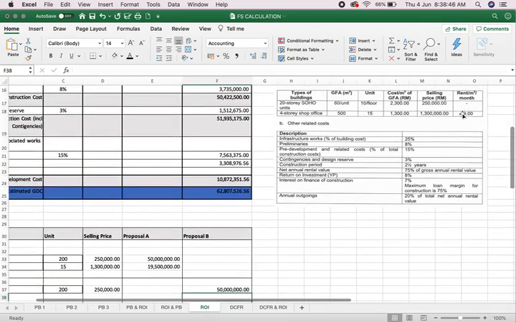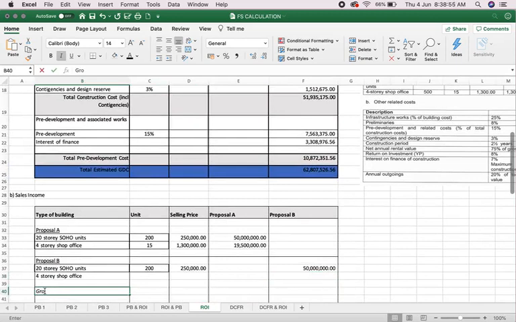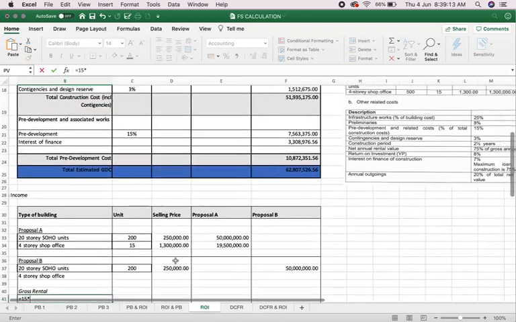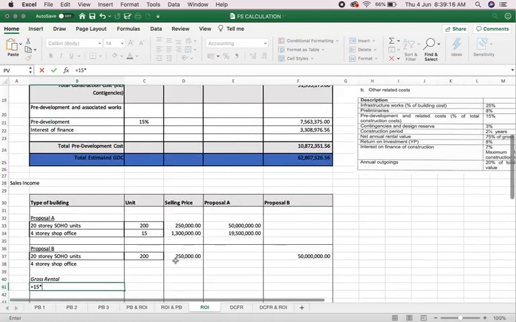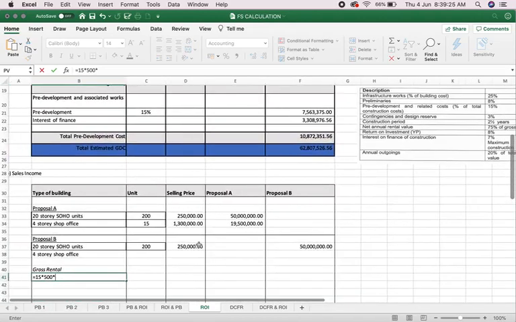First, the rental value, rent per meter square per month is 30. To know this, we calculate the gross rental first. The gross rental is for our 15 units, times our size of 500 meter square, times RM30 per month, times 12.